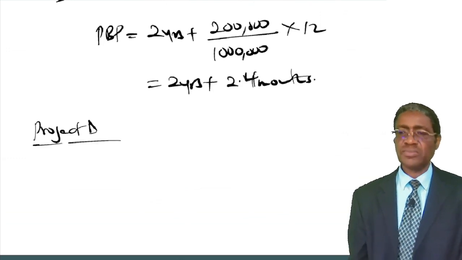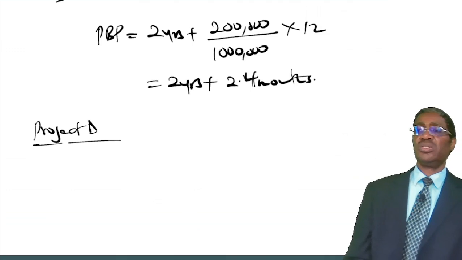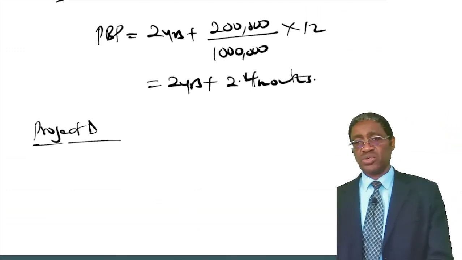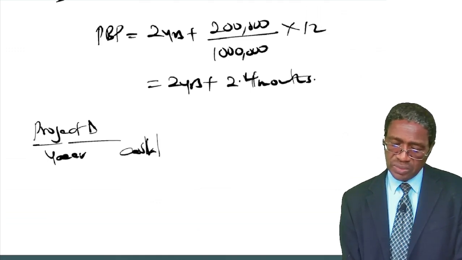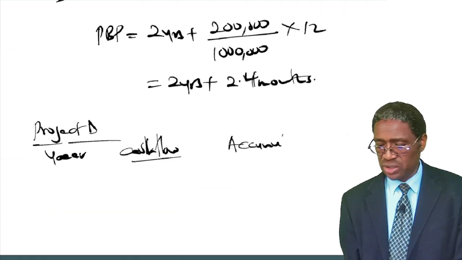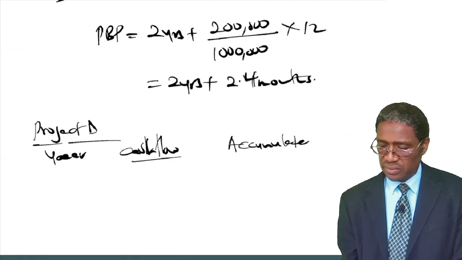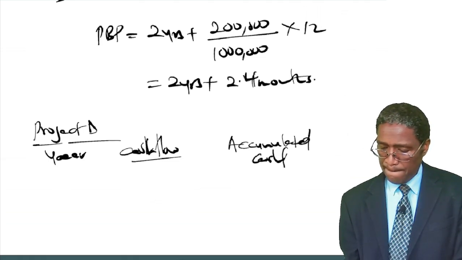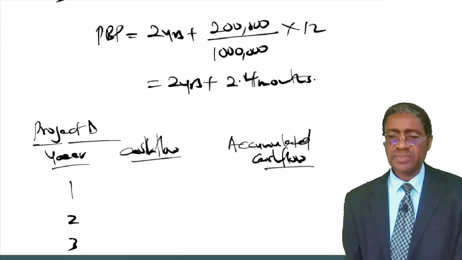Project D. We want to rank the projects according to the payback period. So let's repeat the same. We again start with the column for the year, a column of the cash flows, a column of accumulated cash flows. Year 1, year 2, year 3.